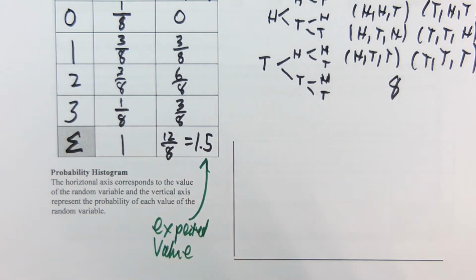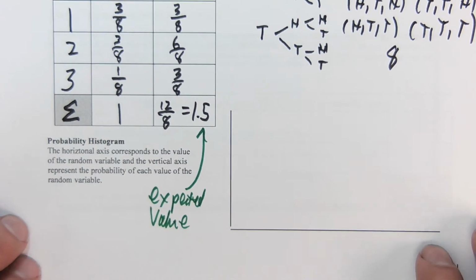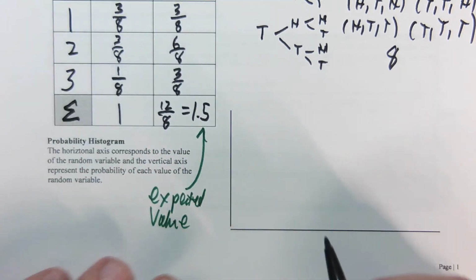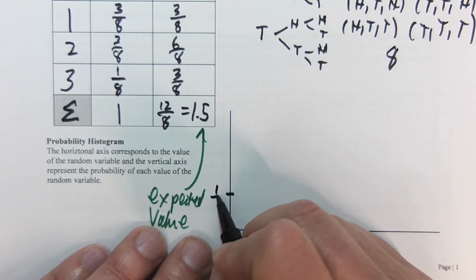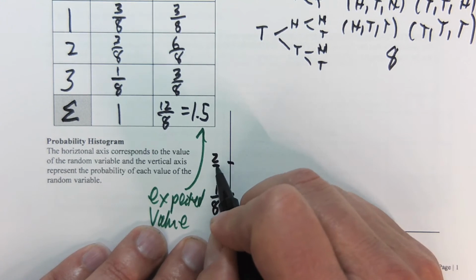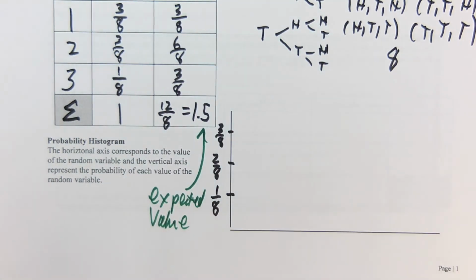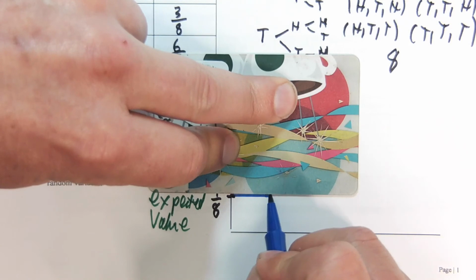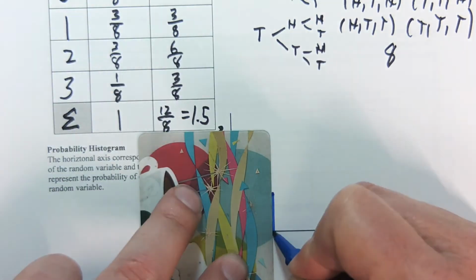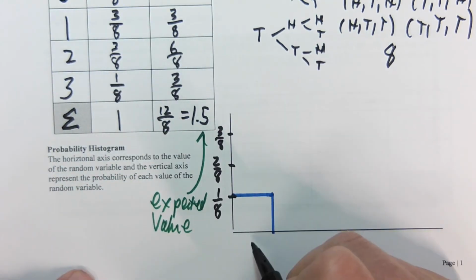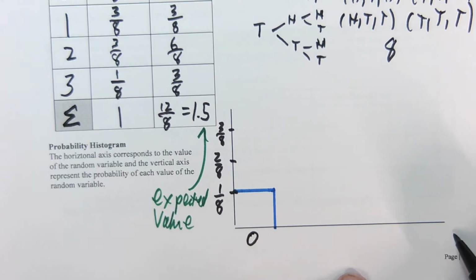And I'm going to graph this. I'm going to use a little help here. So this is going to be 1/8, 2/8, and 3/8. And you can see for 0 heads, I'm using my Starbucks card here, that is for 0. These are heads.